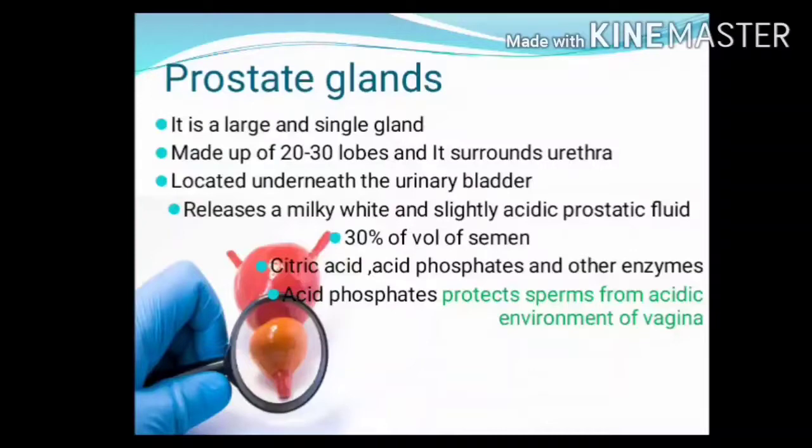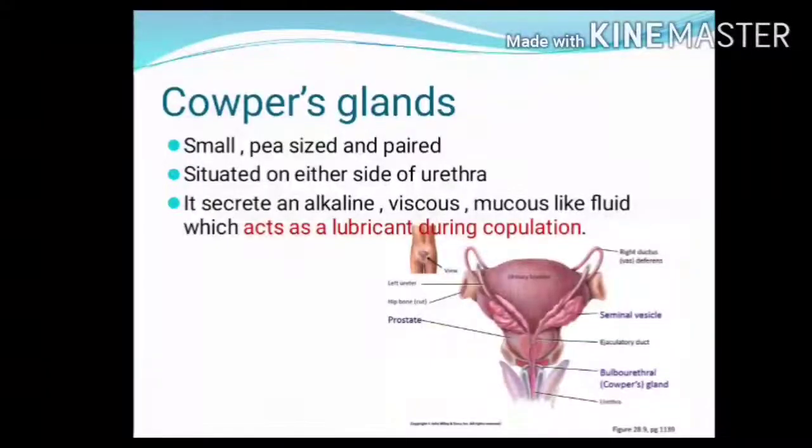This prostatic fluid contains citric acid, acid phosphatase and various other enzymes also. The acid phosphatase protects the sperm from the acidic environment of the vagina, and this prostatic fluid forms the semen and probably provides nourishment to the sperms.